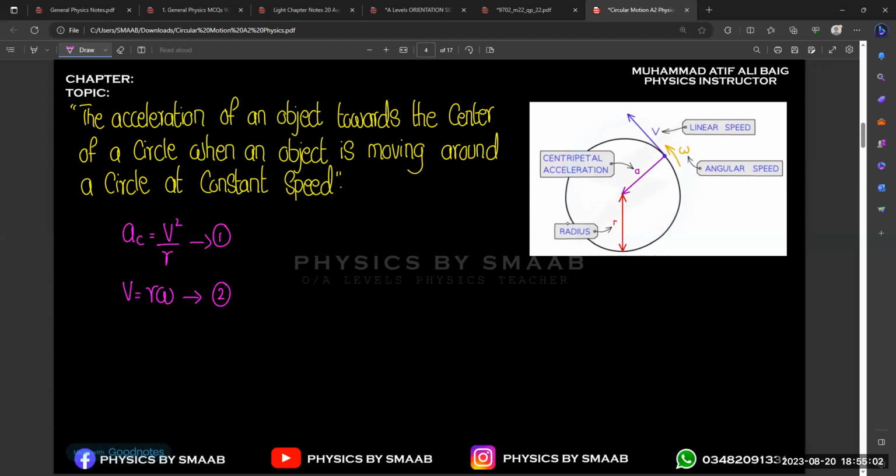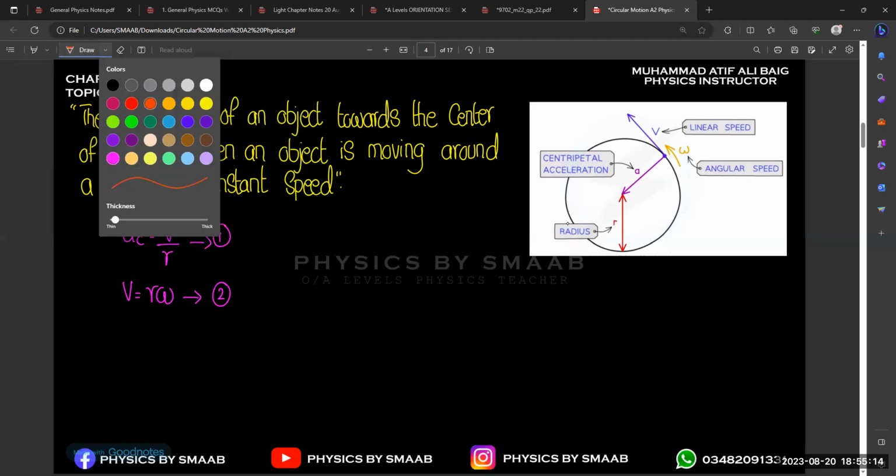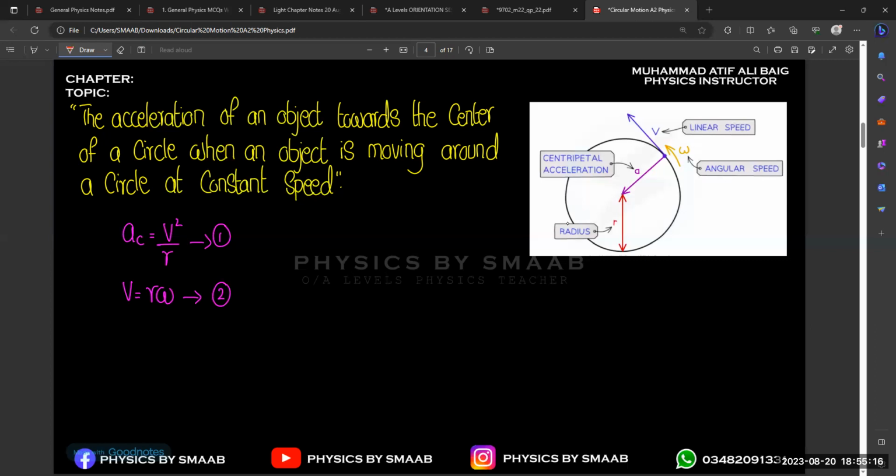So now we have two equations, right? One is a_c = v²/r, the second one is v = rω. Let's suppose we want to substitute the value of equation 2 in equation 1. So on the place of v we need to write (rω) whole squared, right?